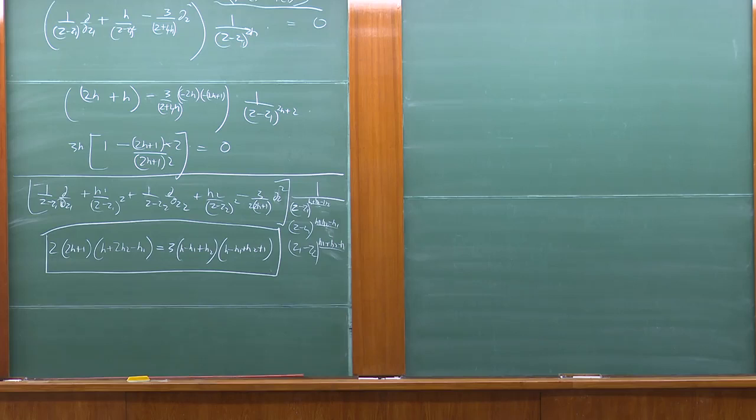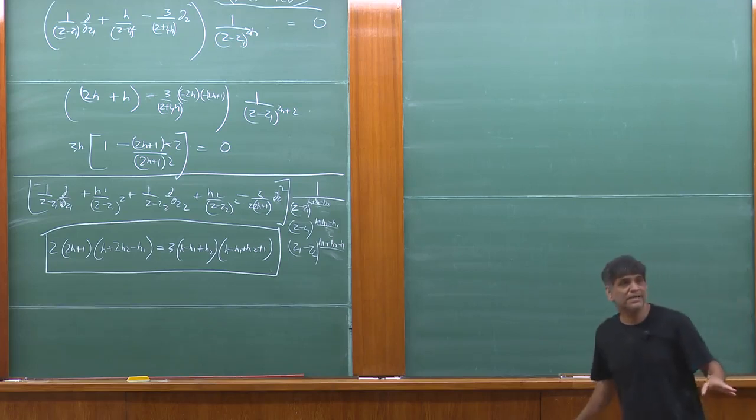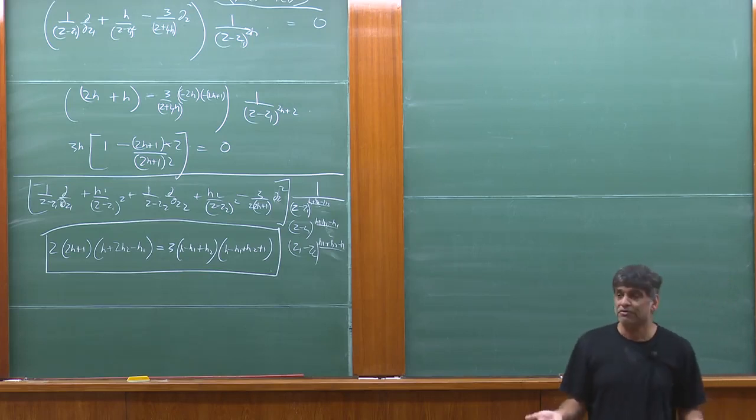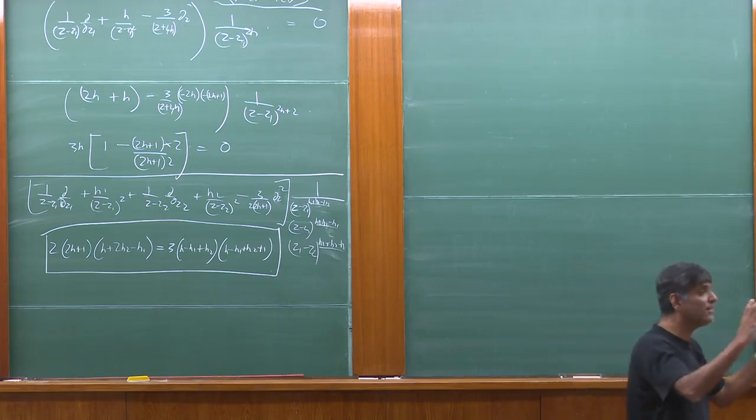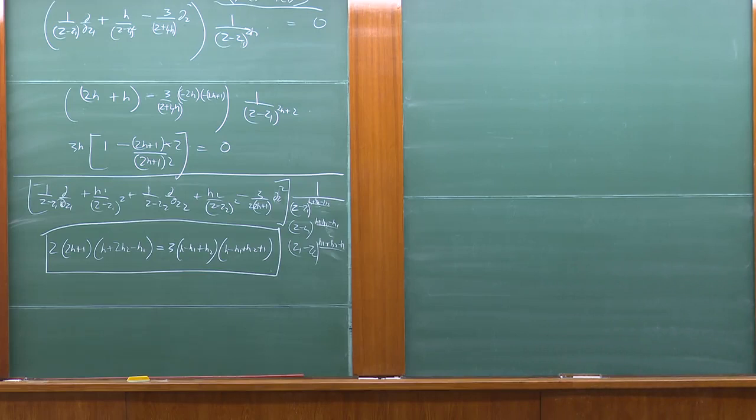Once you go to 4 points, it will be more interesting. 2 and 3 were special because the form of the function was determined by conformal invariance. From 4 point on, we've got an unknown function of cross ratios. So when you act on this condition, it will not give you constraints on h's. What it will give you is a differential equation that determines this unknown function of cross ratios.